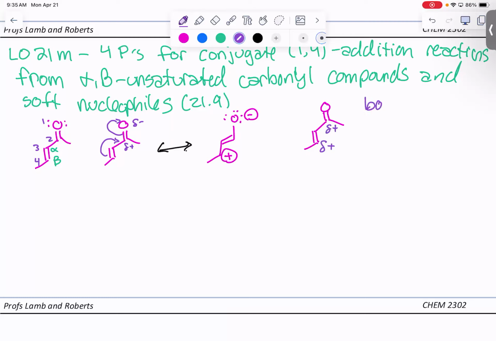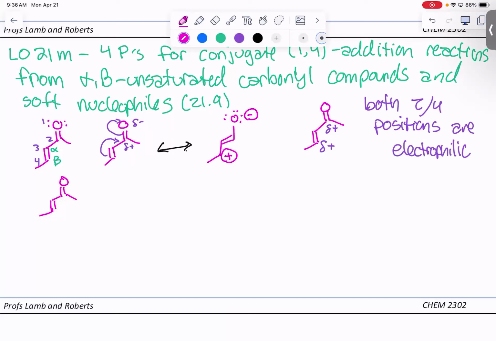So both 2 and 4 positions are electrophilic. All right, so in our enol chemistry, we're taking a look at the oxygen and the 3 position being nucleophilic. So the 1 and 3 are nucleophilic and the 2 and 4 are electrophilic.